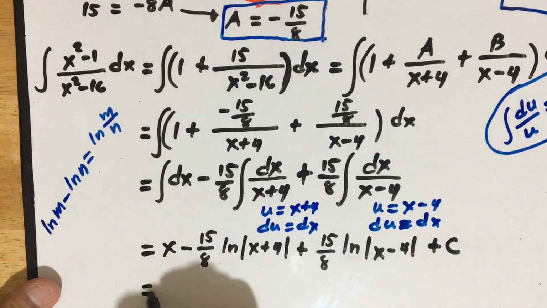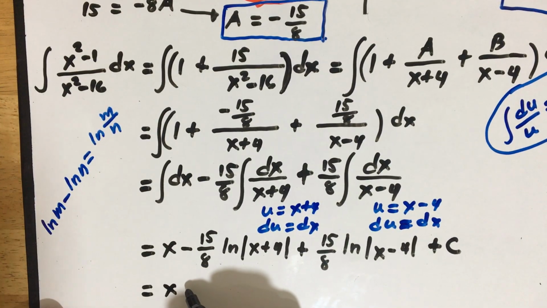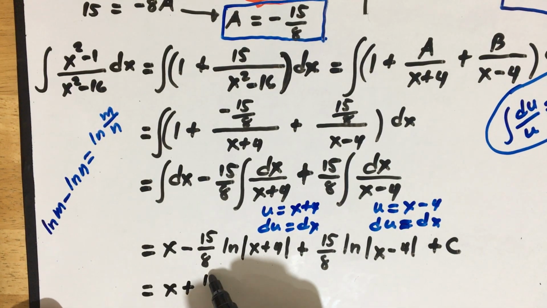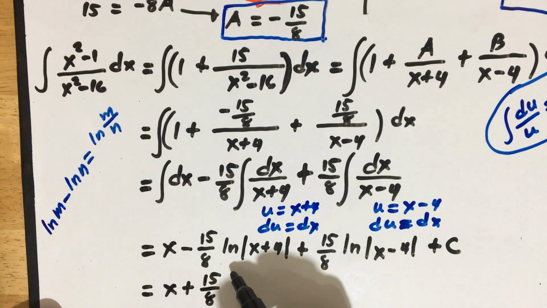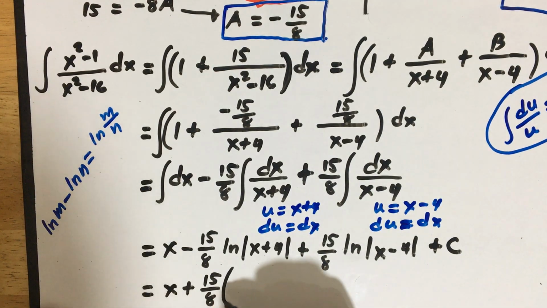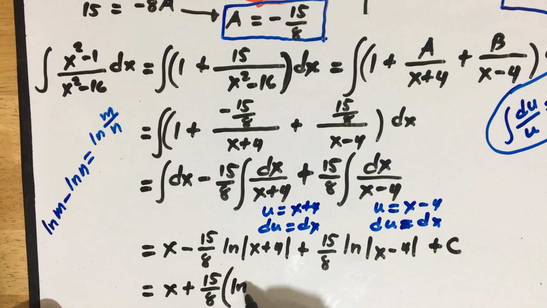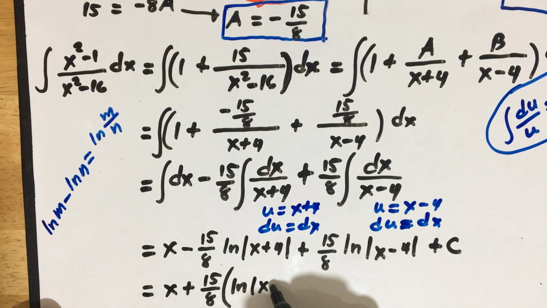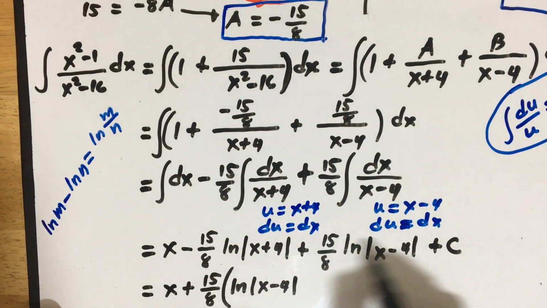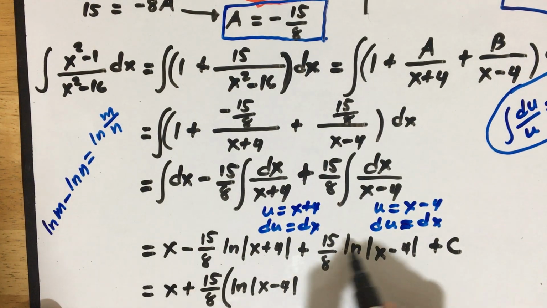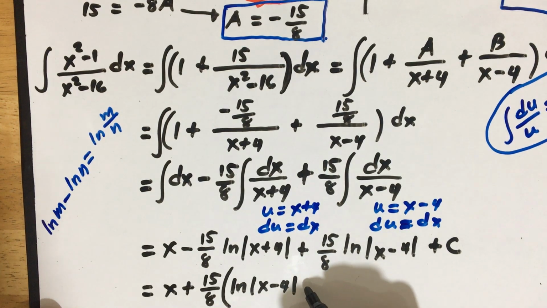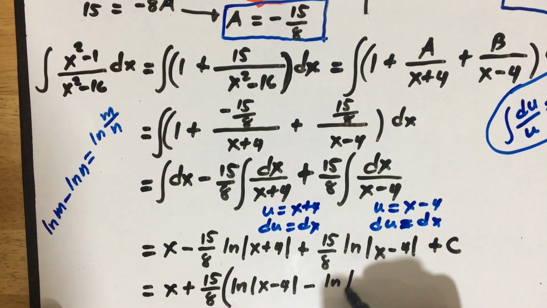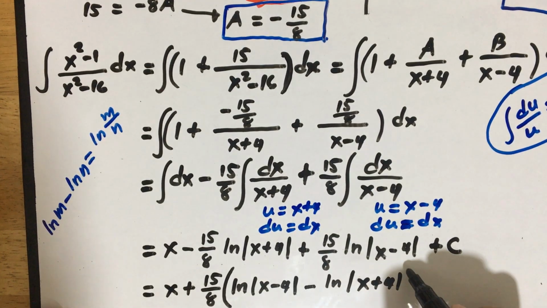So we can rewrite this as x plus 15 over 8, and then ln of (x minus 4) first, because we factor out the positive, and we interchange the position, so this is ln of (x minus 4) minus ln of (x plus 4). Then plus c.